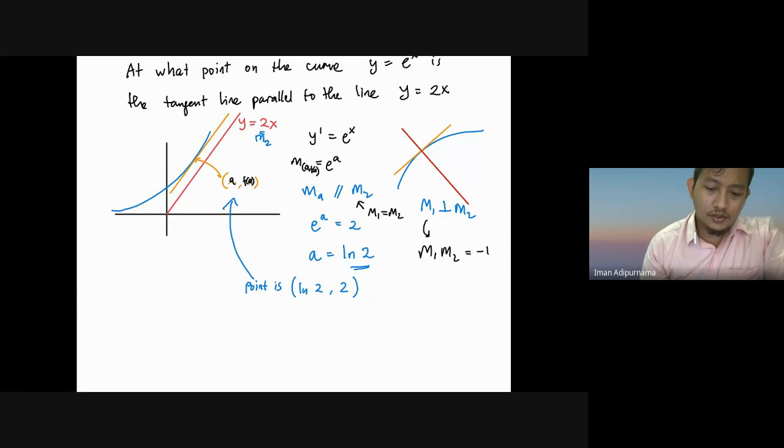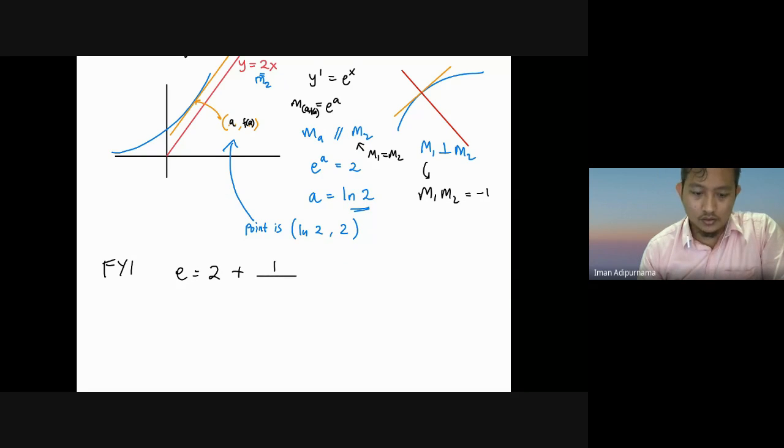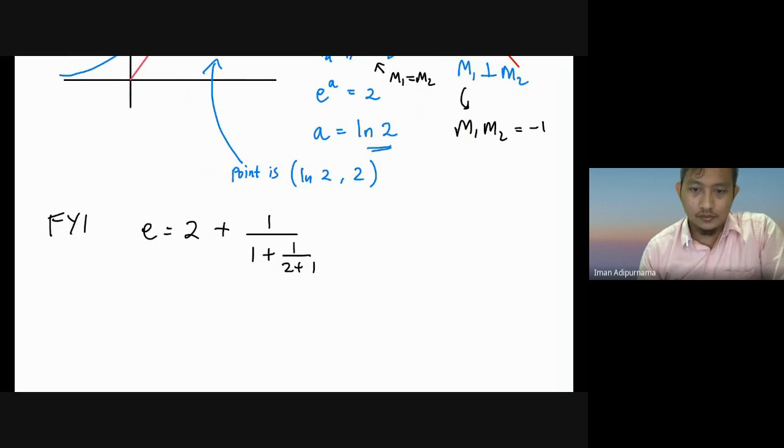The e also, this is just FYI, just for your information. The e also can be found in this kind of continued fraction like this, and it can have many fractions.